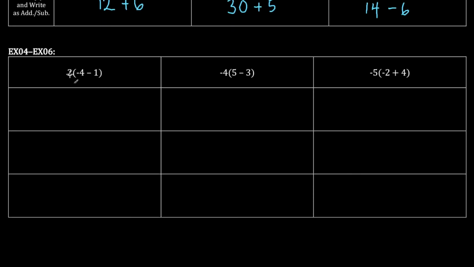What happens if you have 2 times (negative 4 minus 1)? Well, you could just do the inside first. So negative 4 minus 1 is negative 5. But you could have also written it as 2 times negative 4 plus 2 times negative 1.